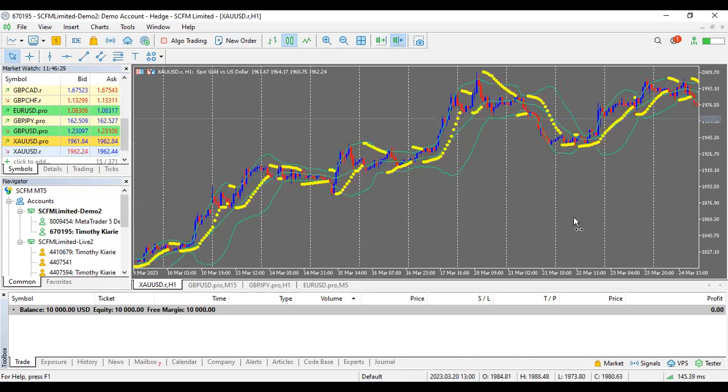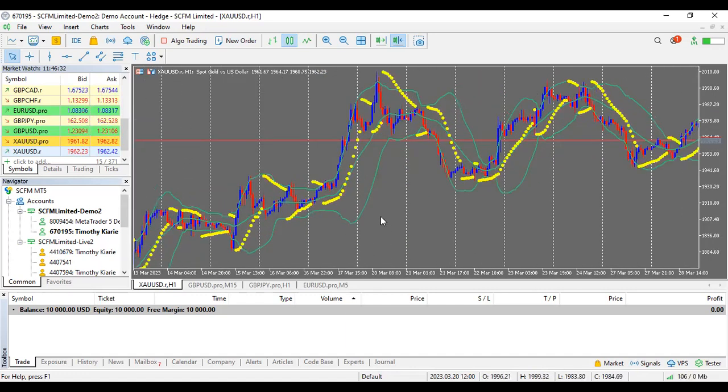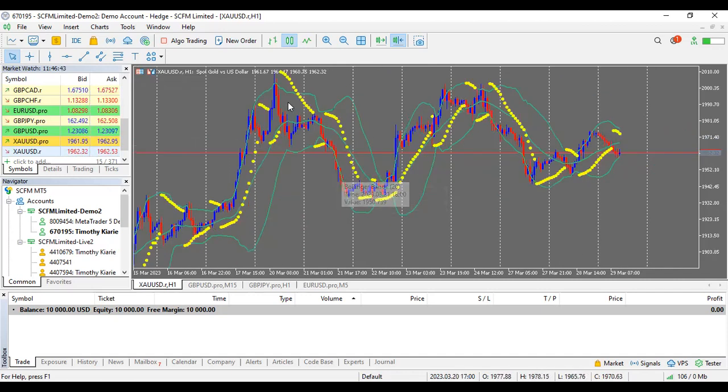Okay. So in this scenario, we have the dots forming below here. Initially, let's begin at this point. So this was a downtrend, okay? And you can see the dots now began forming below the candles.